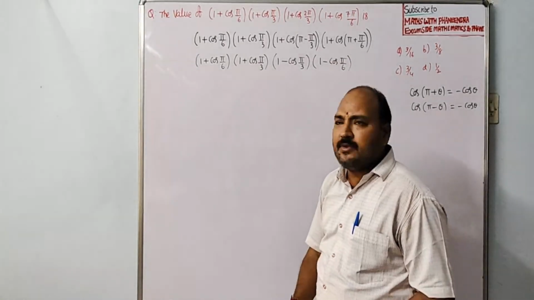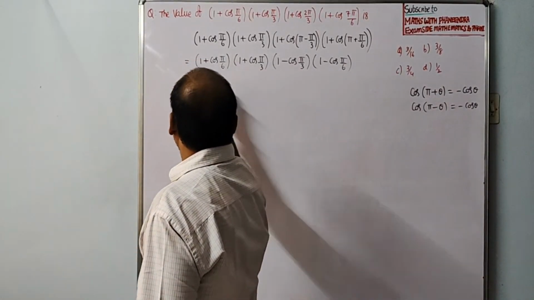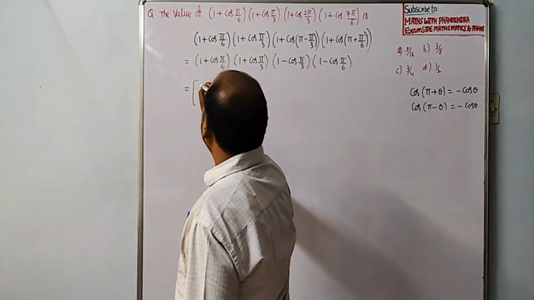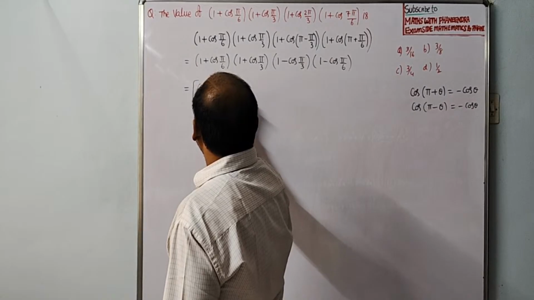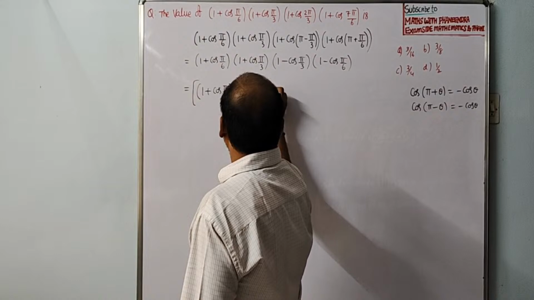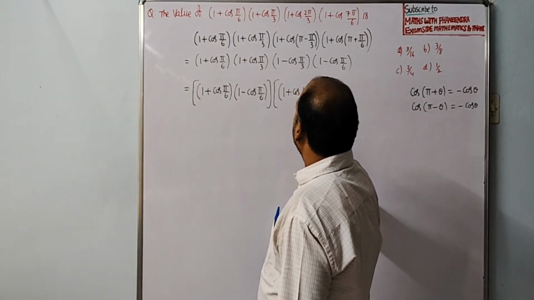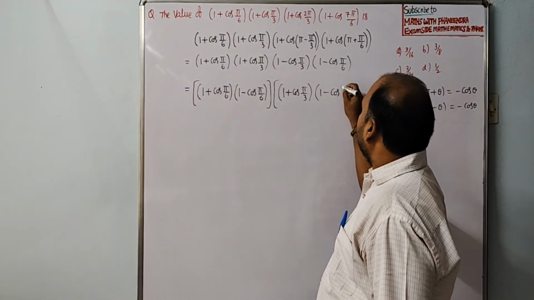Now you observe that among these 4 terms, first and last are in the form of (a plus b) into (a minus b): 1 plus cos pi by 6 into 1 minus cos pi by 6. And second and third: 1 plus cos pi by 3 into 1 minus cos pi by 3.